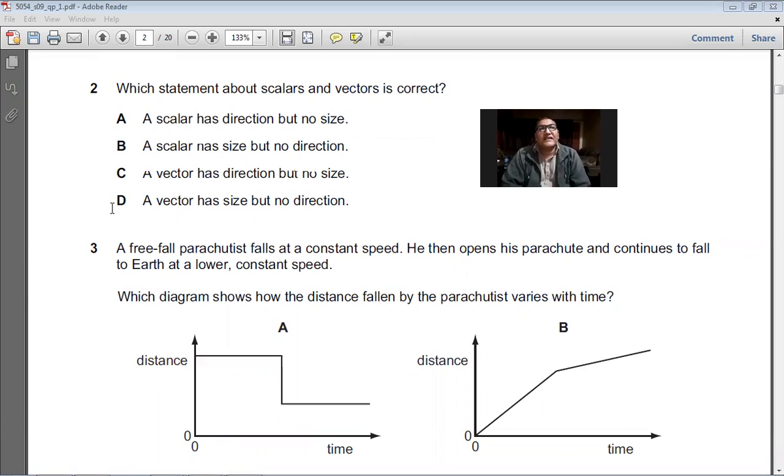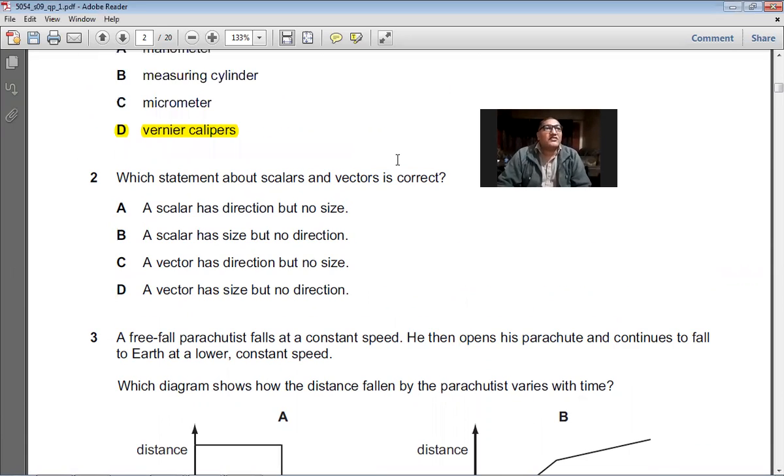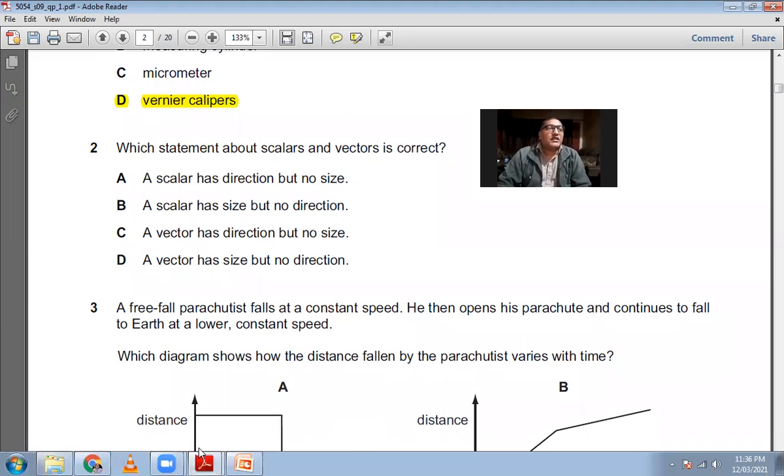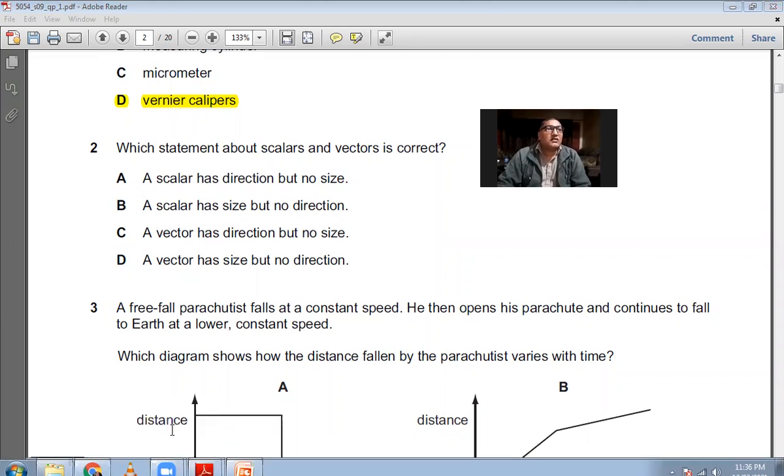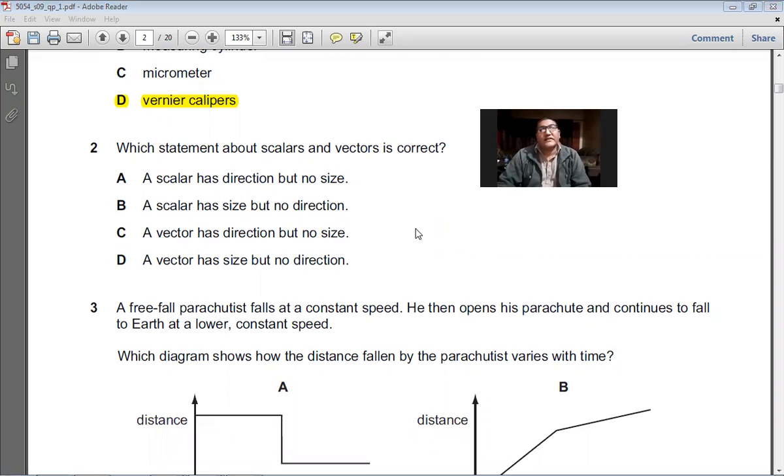A scalar has size but no direction. A vector has direction but no size. A vector has size but no direction. The question is, which statement about scalars and vectors is correct? I think B is the right choice. A scalar has size but no direction.